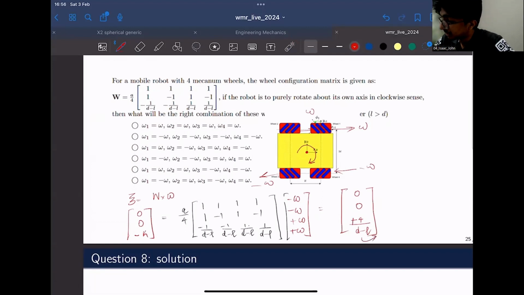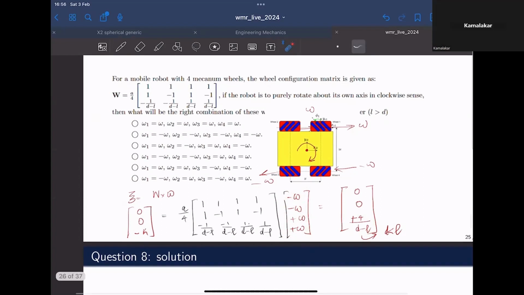And since d is less than L, this term is always going to be negative. We want a negative term here as the third entry, and we will get a negative entry here if this is the combination. So the correct answer would be minus omega, minus omega, plus omega, plus omega. That will be the correct answer.